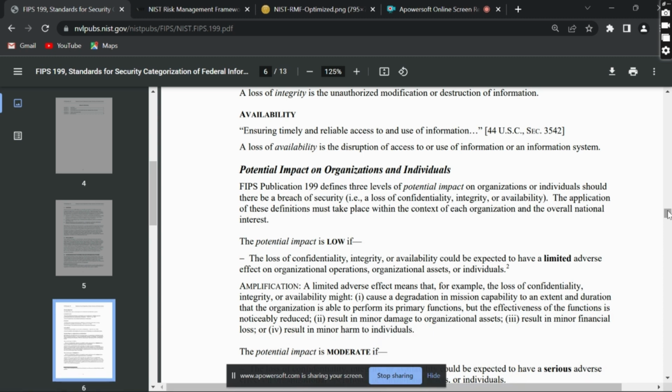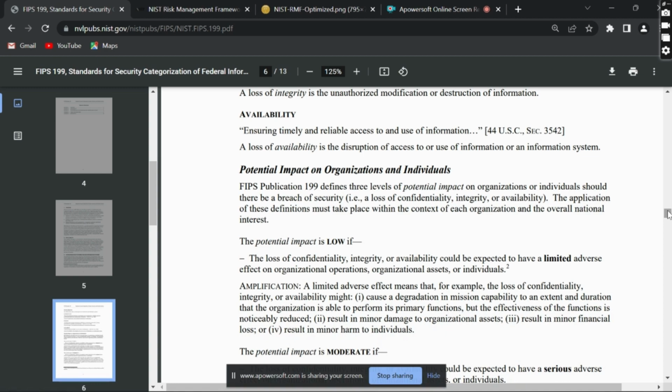So work can still be done with that system, but it's just reduced a little bit, not too much. In this way, work can still be done, with only minor damage caused to the system.